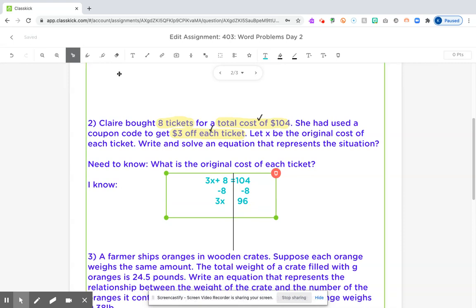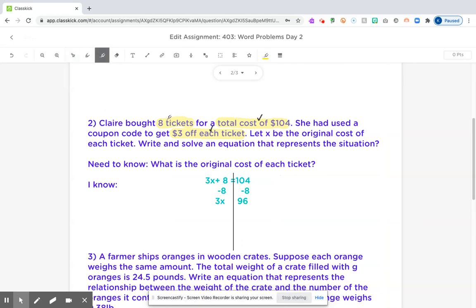Now you have to divide each side by 3 because that says 3 times x. And the opposite of times is divide. So I'm going to divide each side by 3. So I'm going to put a 3 there and a 3 there. Okay.